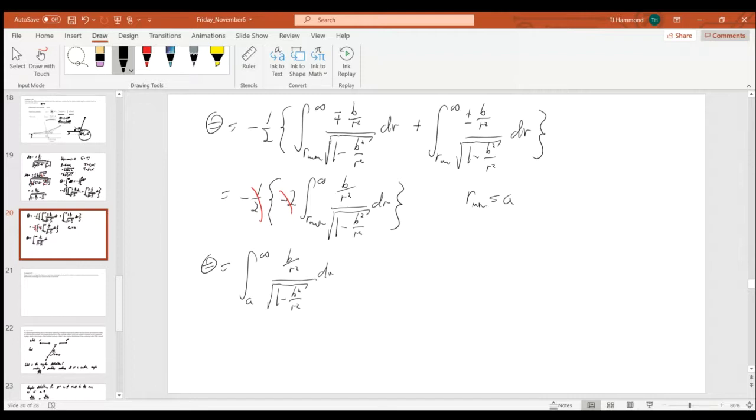This is a definite integral, so it's nice. It ends up being simple: the arc sine of b over a. I think even Wolfram Alpha will give this to you as a definite integral.